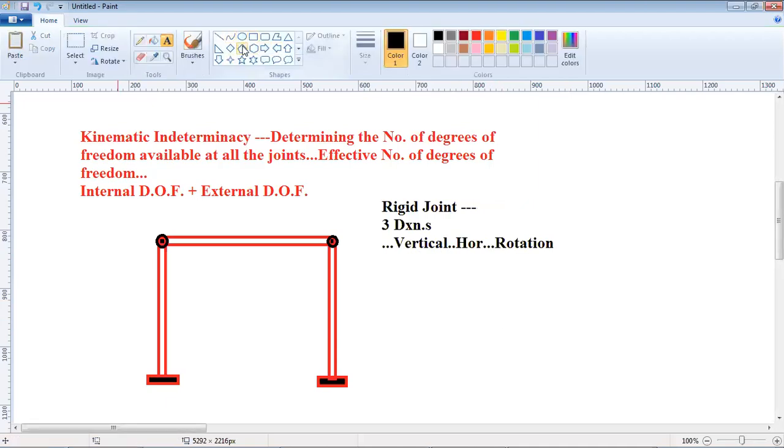That would be like this. One you have like this, second one you have like this, and the third one is the rotation that's occurring.